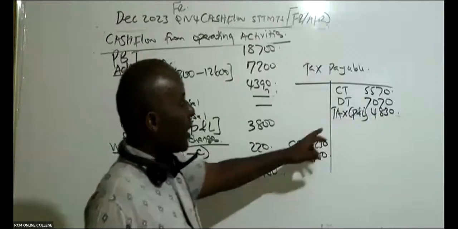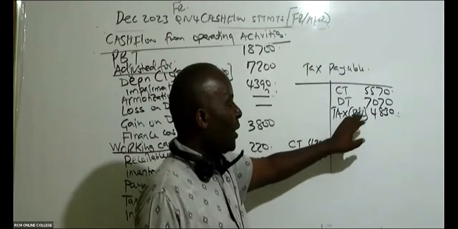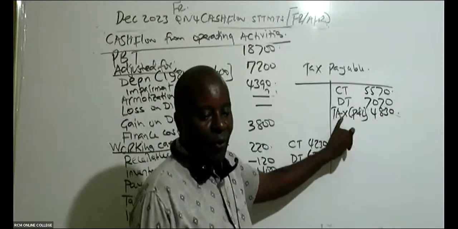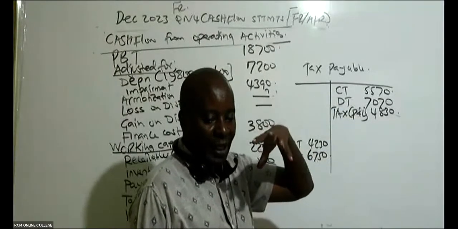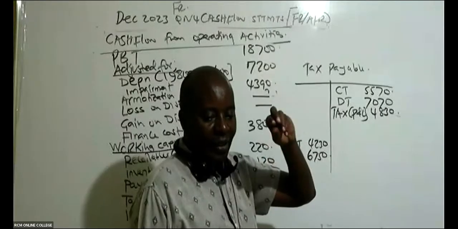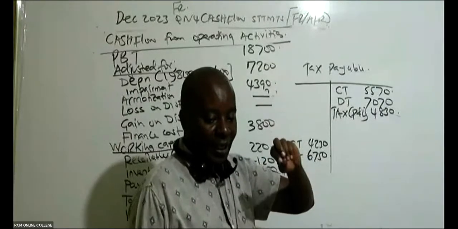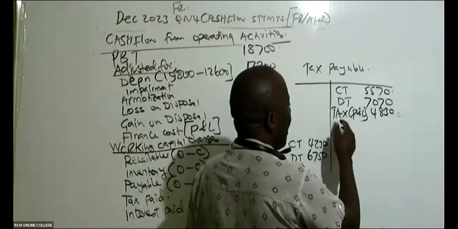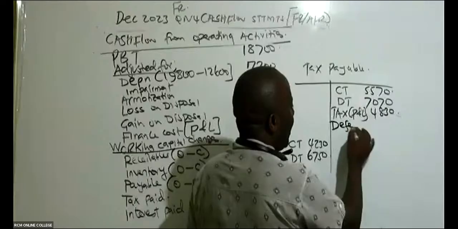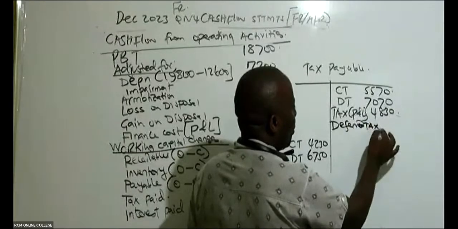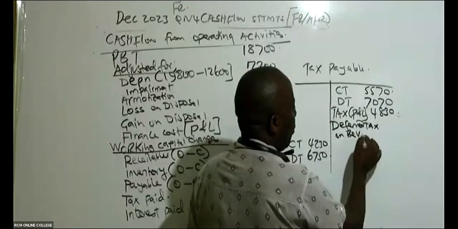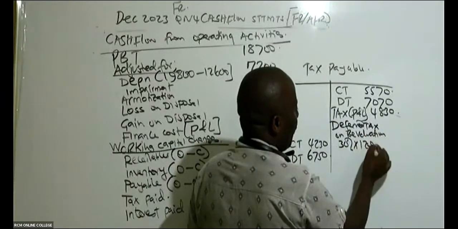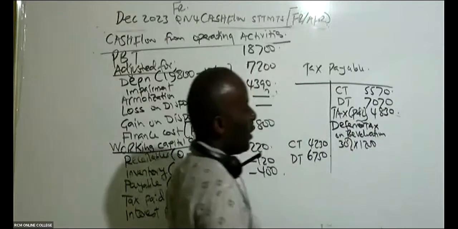So you see the tax in the P&L. Were you able to see how I pick the tax for the year from the P&L? Yes. So the only thing we need now is deferred tax on revaluation, which will be 30% of the revalued amount, 1,200.